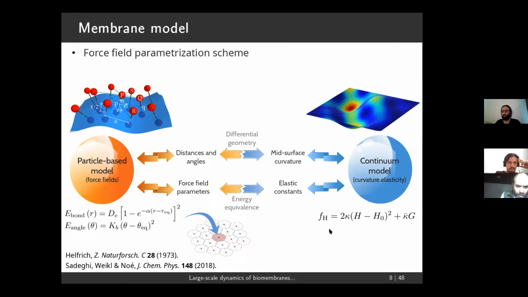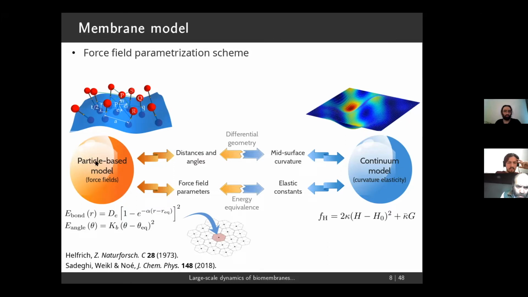So this is now the standard way of approaching this. And people can measure these kappa and kappa bar constants experimentally for different membrane compositions. And so we know everything there is to know about the mechanics just through these two elastic constants, at least at the scale that this functional is applicable.